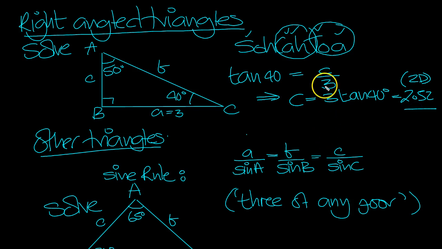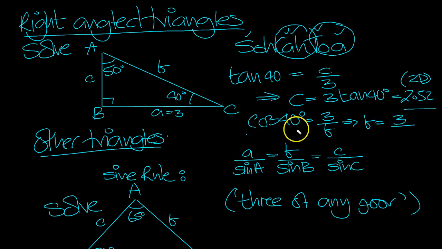And then we want B, which we can get from the hypotenuse from the cosine. So cosine 40 then is adjacent A, which is 3, over the hypotenuse B. So I'm going to move this up to be there, and at the same time move the cos 40 that's now times down to divide. 3 over cos 40 degrees.